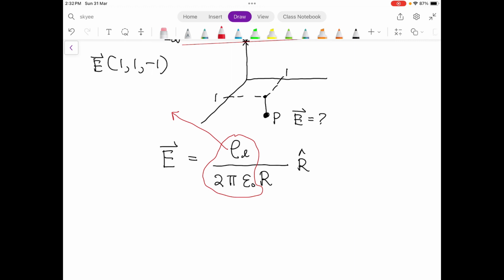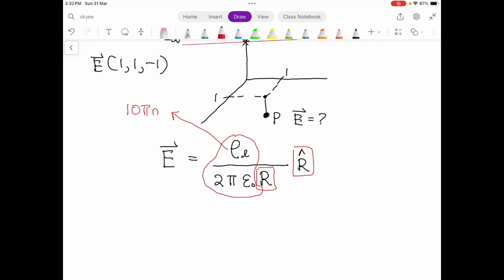Rho L is 10 pi nanocoulombs per meter. So your only task here is to find the distance and also the unit vector R.